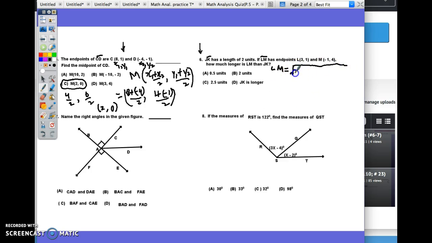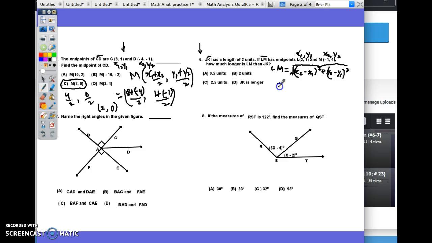So this would be the square root of (x2 minus x1) all squared plus (y2 minus y1) all squared. Here we identify our twos. Let's say these are the twos, x2 comma y2 there, and the ones here, x1 comma y1.